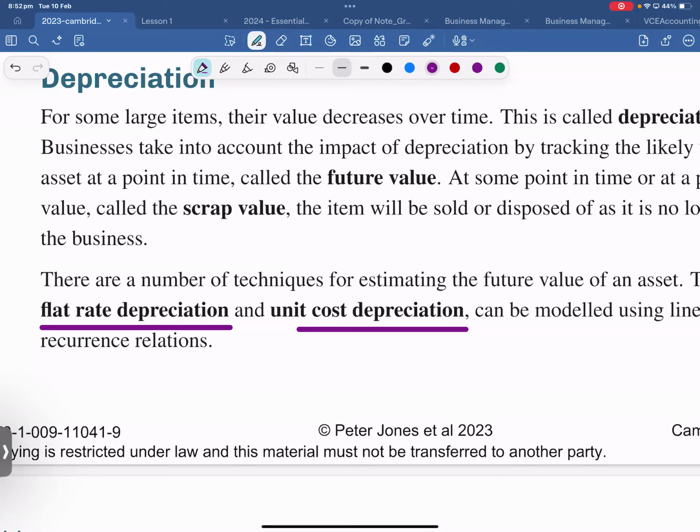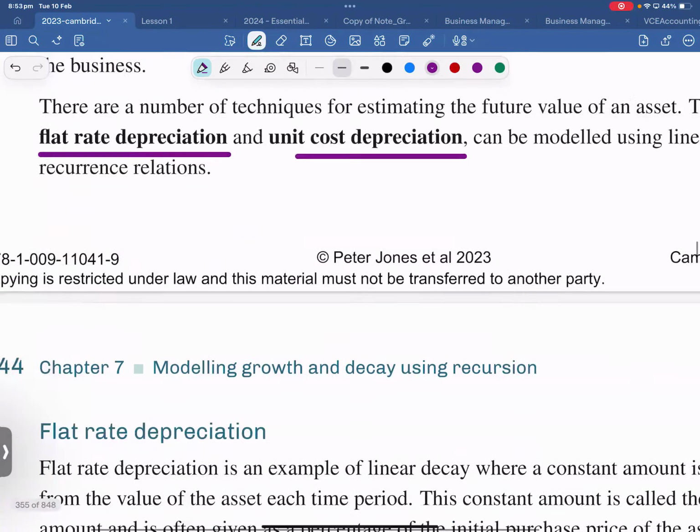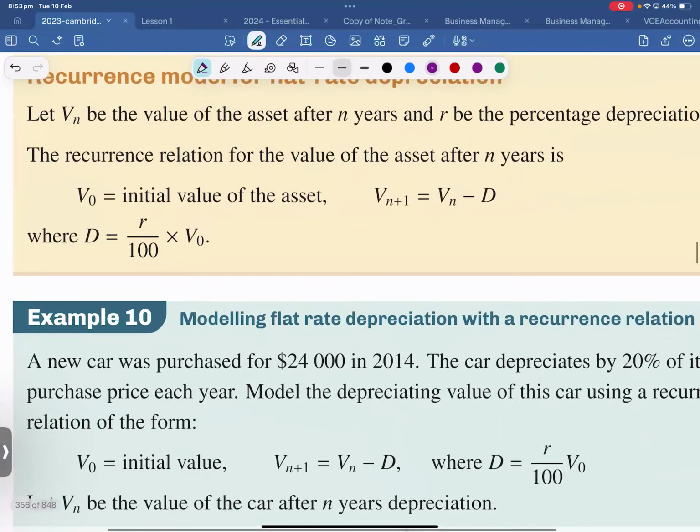If it is a motor vehicle, when we use it for 1 kilometer, value will decrease. Or if it is a TV or laptop, when we use it for 1 hour, value will decrease by a fixed amount. Every hour we use, value is going down. That's called unit cost.